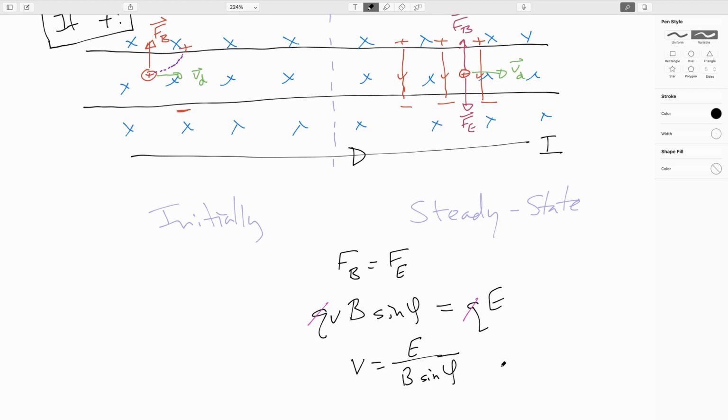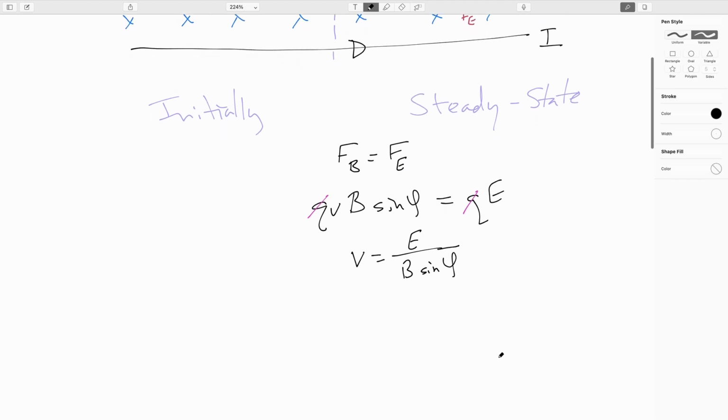Now, you can even do this as an intentional effect. If you're wanting to pick out charged particles of a specific velocity, usually you'd be saying φ equal to 90 degrees. Maybe you're working in a vacuum or something like that.